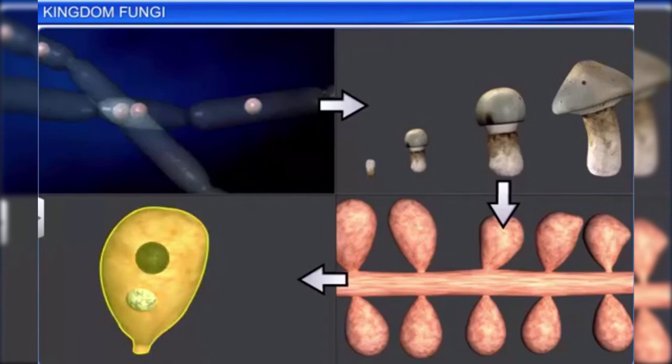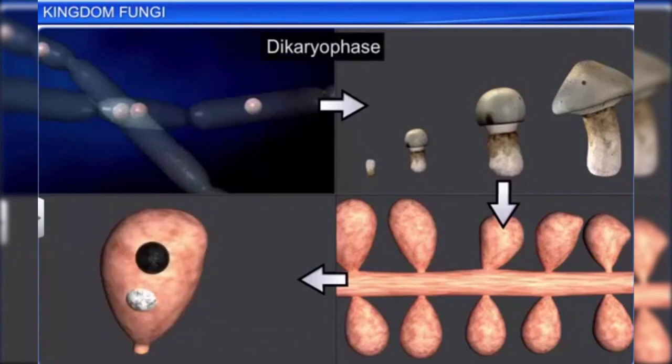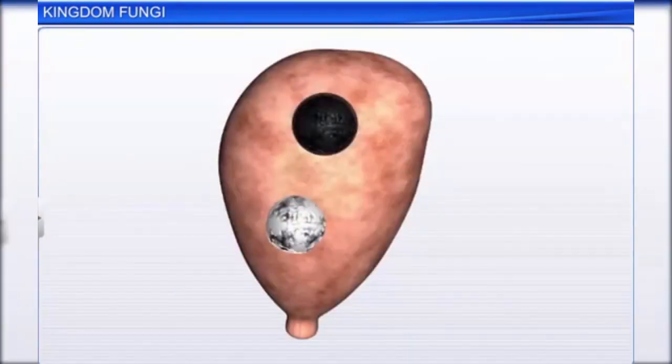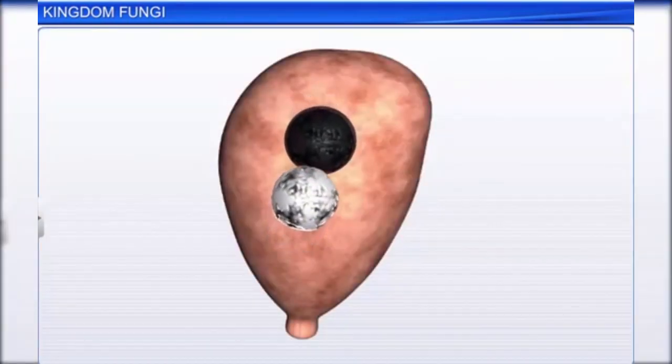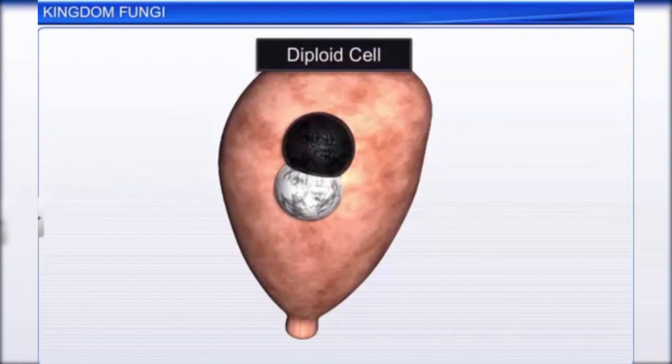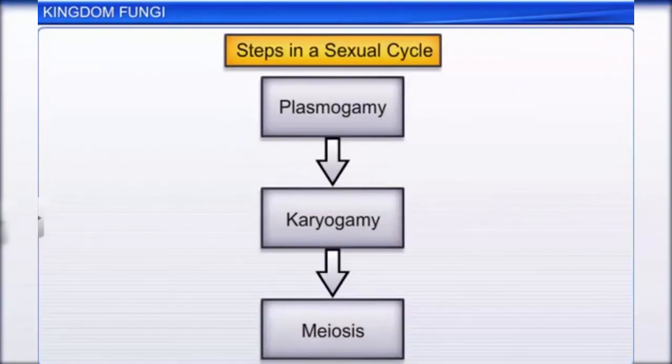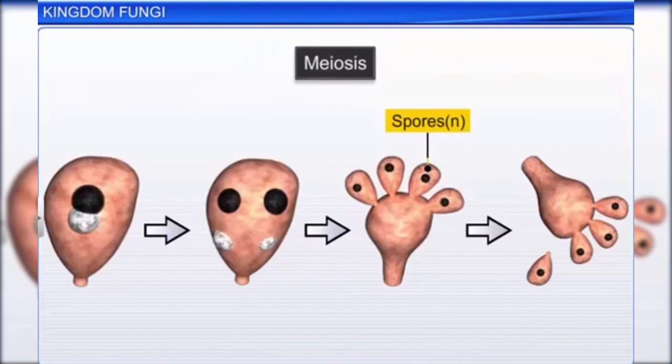This condition of 2 nuclei per cell is called dikaryon, and the phase is called dikaryophase. Later, the parental nuclei fuse to make a diploid cell. The third stage involves reduction division, that is, meiosis, to form haploid spores. Meiosis occurs in the fruiting bodies of fungi.